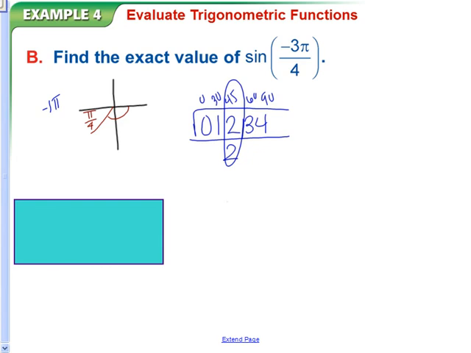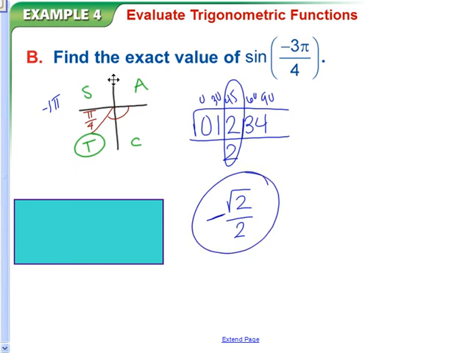There's 45 degrees: square root of 2 over 2. Is it positive or negative? All Students Take Calculus. Tangent is the only one that's positive, meaning sine must be negative. So there's our answer for that one. Okay, that concludes lesson 13.6, and you can write your questions and your summaries.